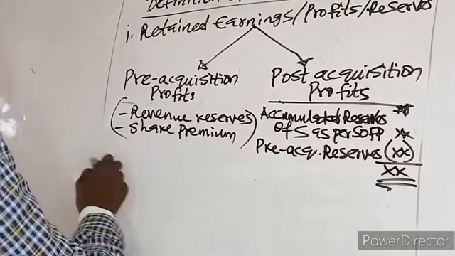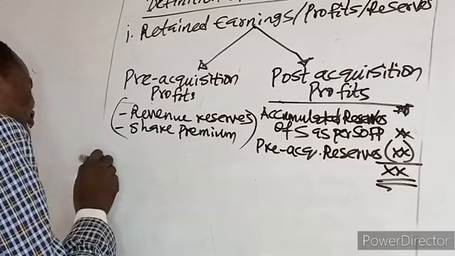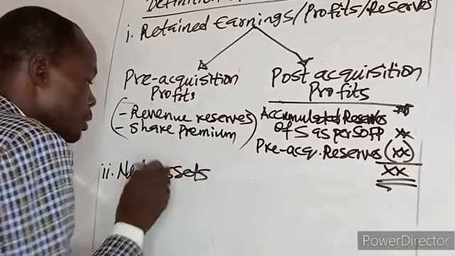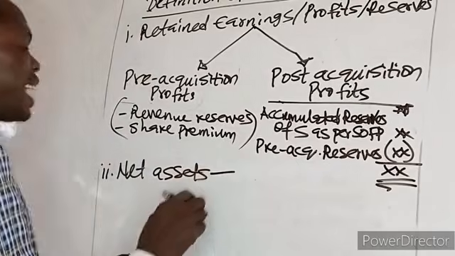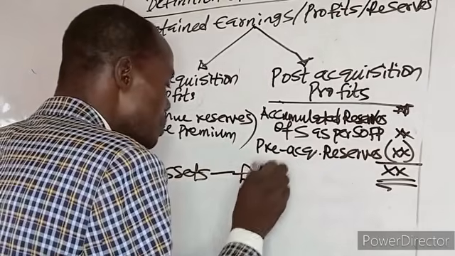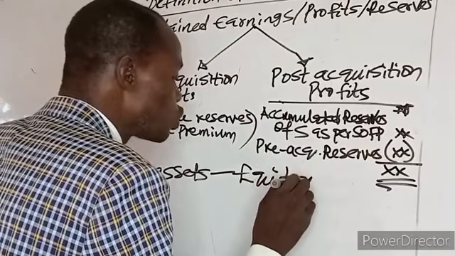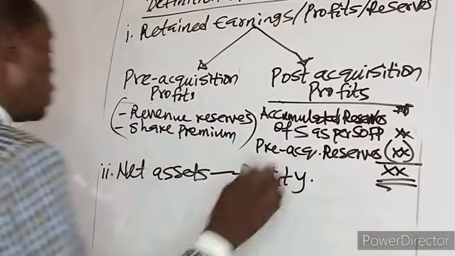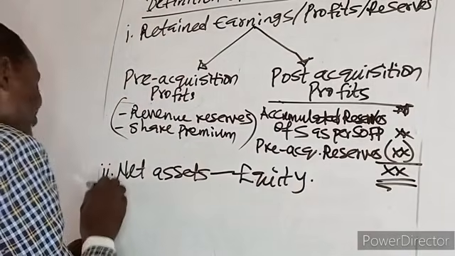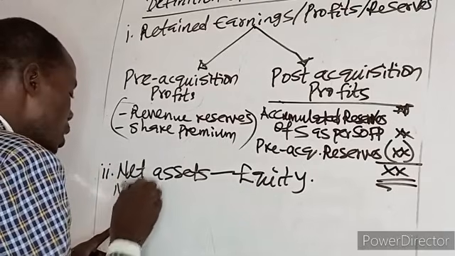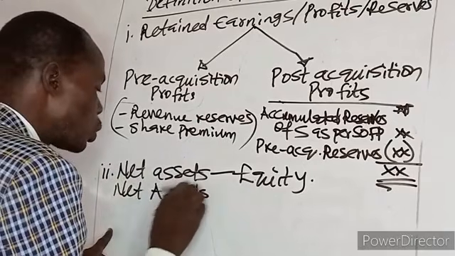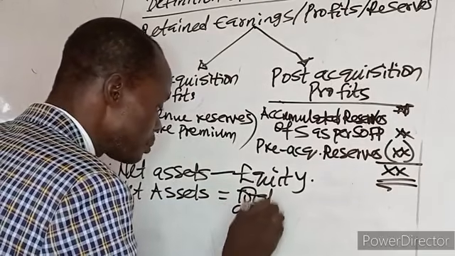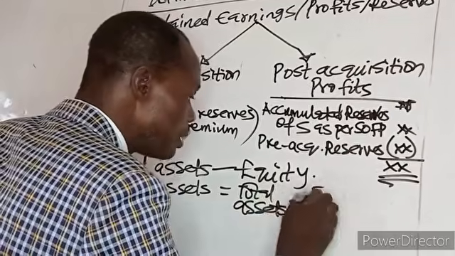Then the number 2 term I'm going to examine is net assets. The simple definition of net assets is equity, meaning that net assets are equal to equity. That is, net assets equal total assets minus total liabilities.